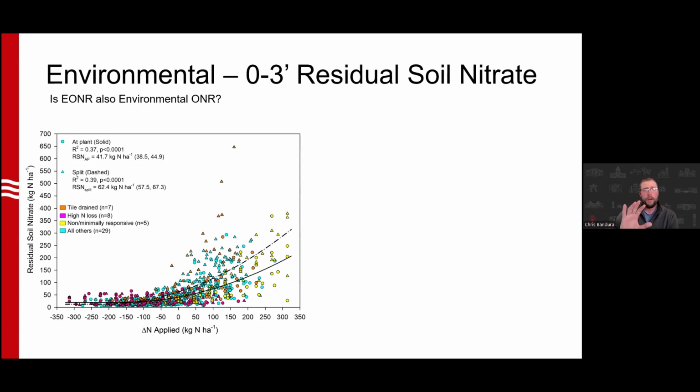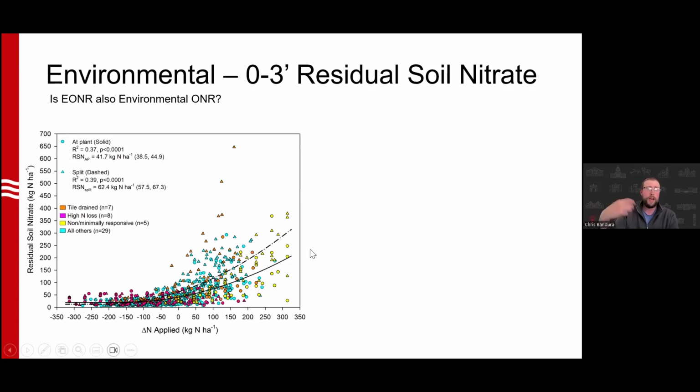One of the biggest takeaways from this analysis is that the rate that you apply is really driving how much N is likely going to be lost. That's pretty evident. You can see as we start to over apply, these curves start to increase quadratically, pretty quickly here. But when you're applying at rates under that optimum, it's pretty static; soil nitrate was very little affected by increasing rates up to the optimum.